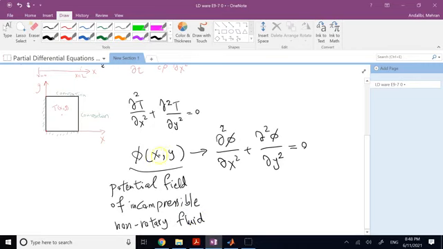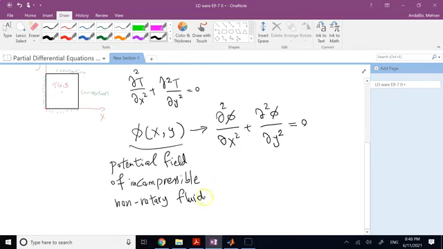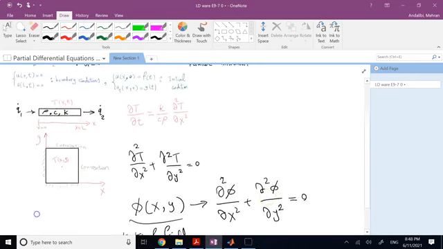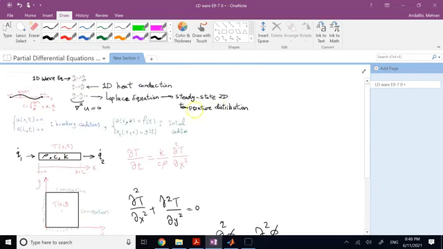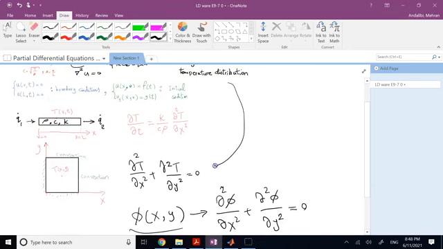And the streamlines are perpendicular to the potential lines, as you know. Okay, so that's one of the cases that you have, in 2D. Or as I said, you can have a steady state 2D temperature distribution, which comes from this equation.